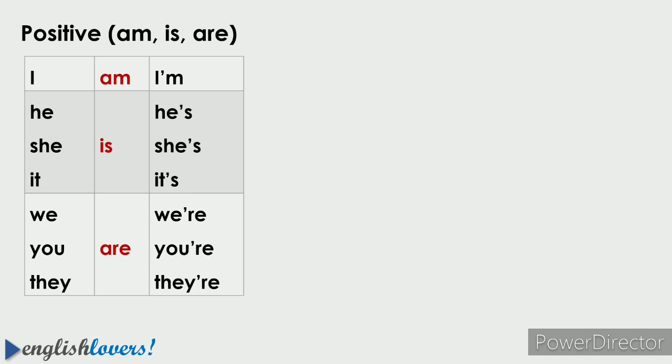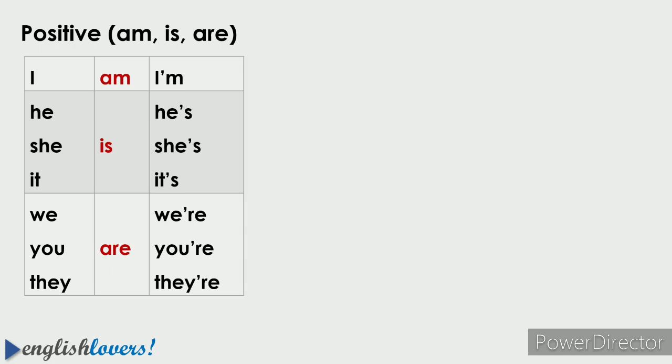So we will see, I am. So am is used with I. Then is is used with he, she and it. He is for a boy or man, she is for a girl or woman, and it is for a non-living thing or for animals.